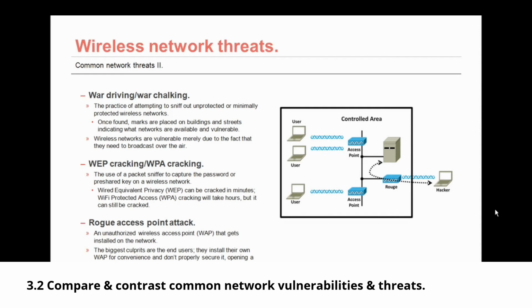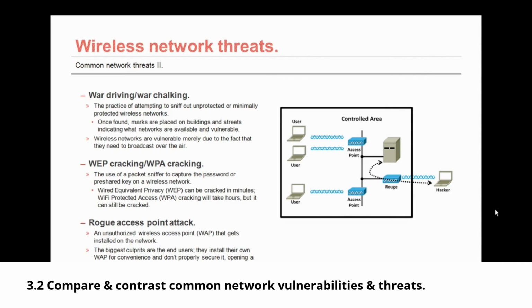Then there's WEP cracking or WPA cracking. This is using a packet sniffer to capture the password and/or the pre-shared key on a wireless network. Wired Equivalent Privacy, or WEP, can be cracked in minutes. Wi-Fi Protected Access, or WPA, cracking will take hours, but it can still be cracked. Neither of these encryption standards should be used on your wireless networks.